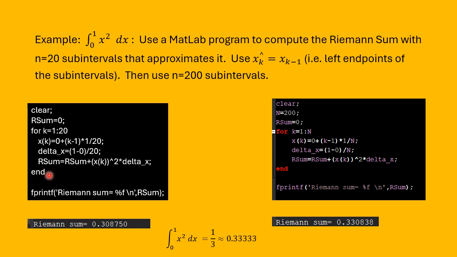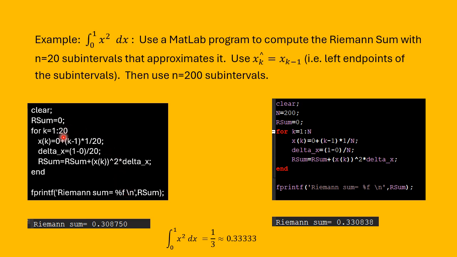So we go through this loop, executing these statements, the body of the loop, 20 times, and each time through the loop we increment our sum by one more term in the Riemann sum. Then after that loop has finished, we will print what the Riemann sum computed up here was.